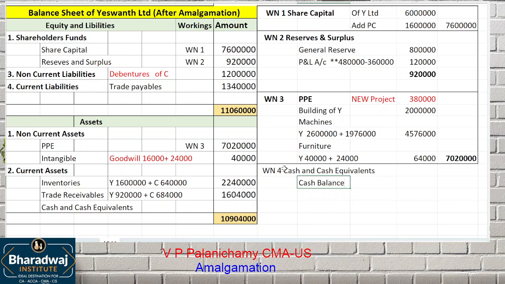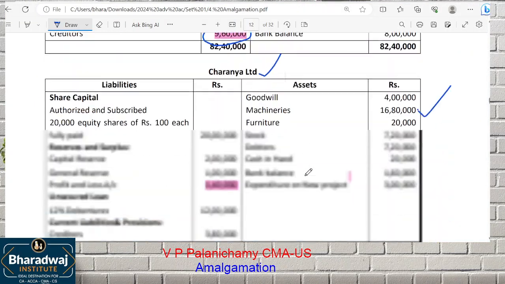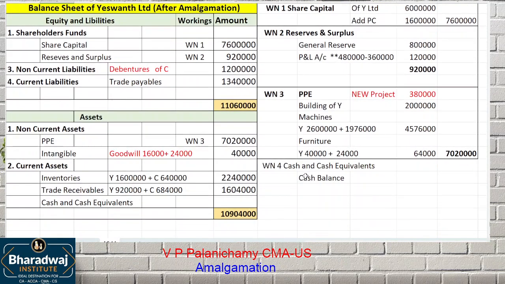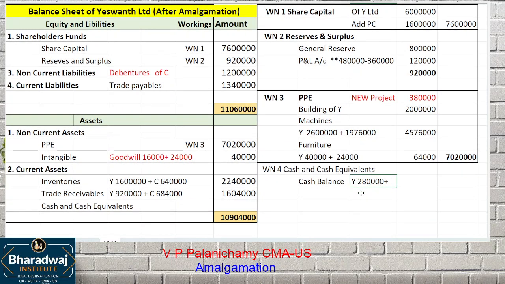Cash balance of Yashwant Limited after the dividend paid. You can take it as it is. Cash balance, how much Yashwant Limited? 2 lakh 80,000 plus Charanya Limited 20,000.